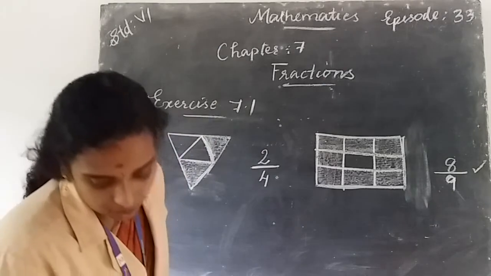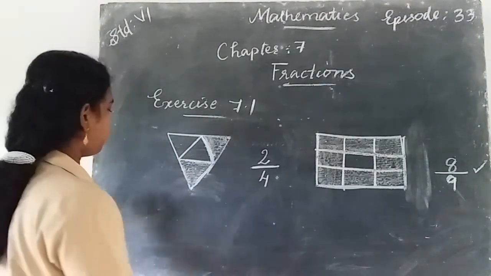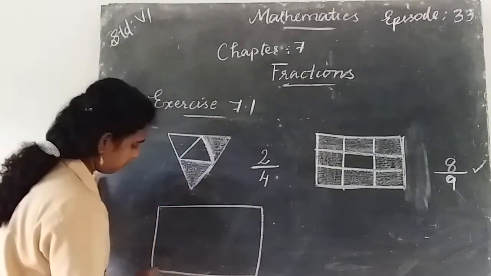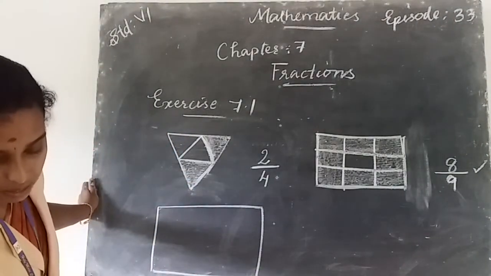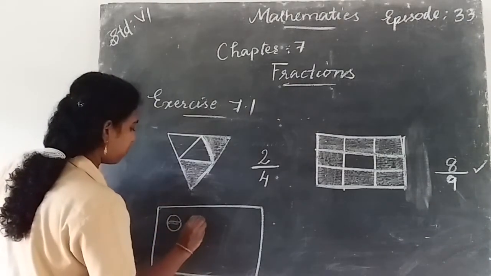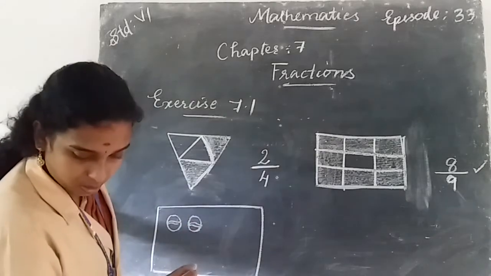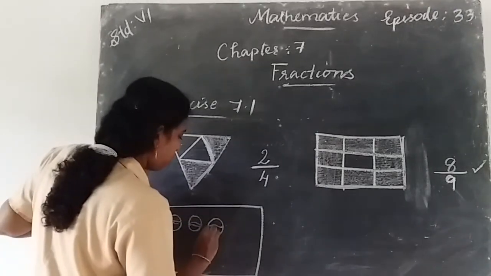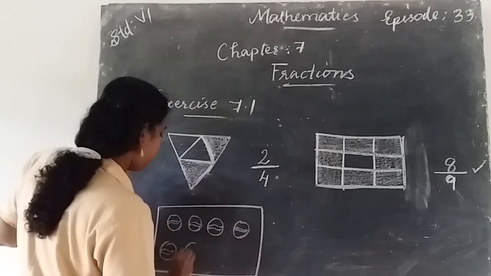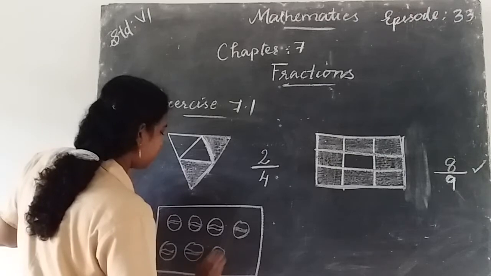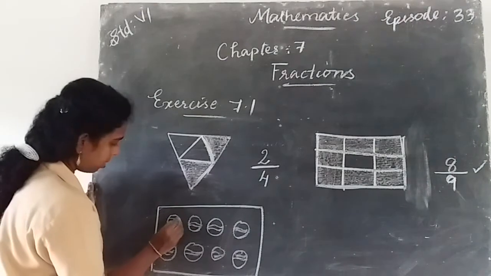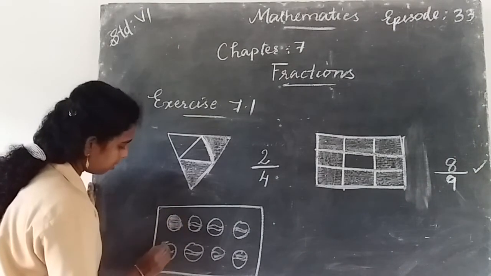Here the next figure has some pictures of balls given in a box. Four balls are given in each row, and some of them are shaded.